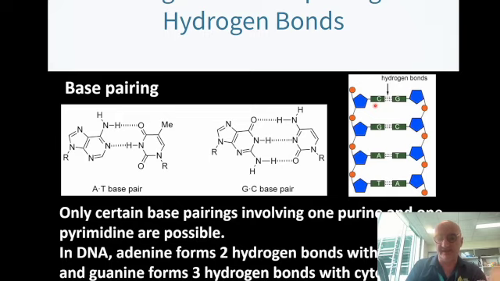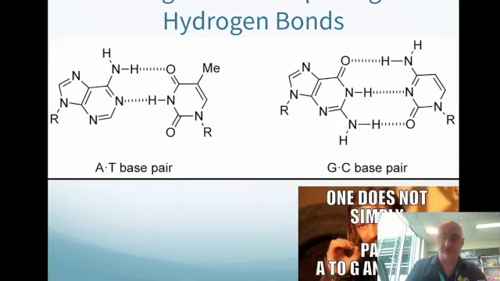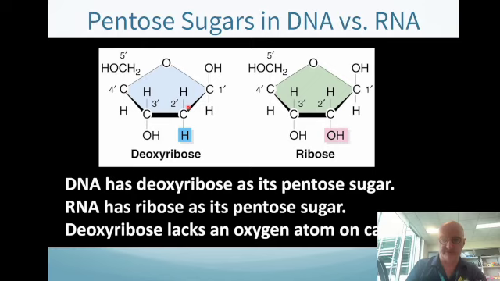AT is 2, GC is 3. Guanine, cytosine 3, adenine, thymine 2 hydrogen bonds. DNA is deoxyribose, and RNA is ribose, a pentose sugar. Deoxyribose lacks an oxygen on carbon 2. You can see that clearly upstairs on the diagram.